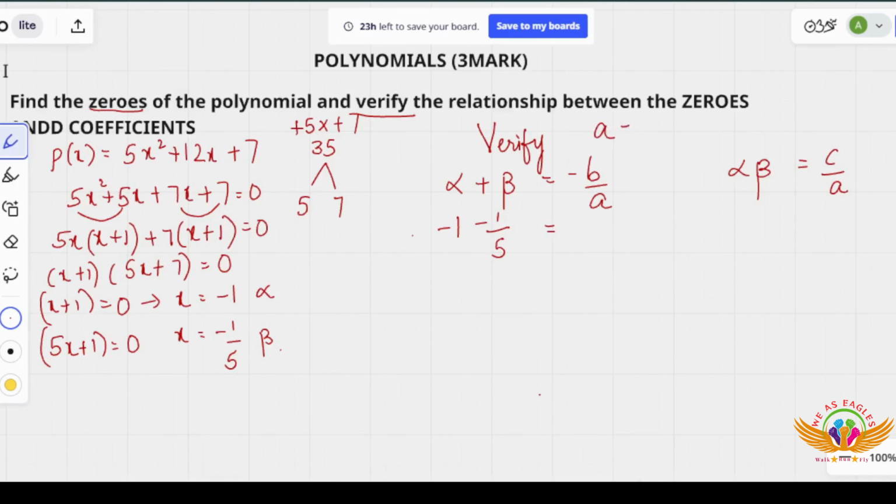From the equation, a value is 5, b value is 12 and c value is 7. Minus b by a, minus 12 by 5. A is 5. So we got minus 12 by 5 in the RHS, right hand side. Let us see whether we get the same value in the left hand side. 5 into minus 1, minus 5, minus 7.